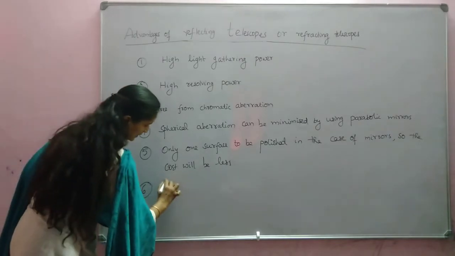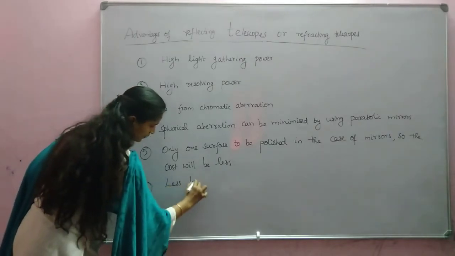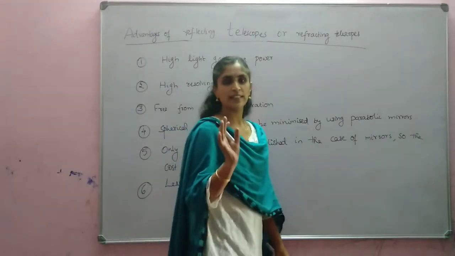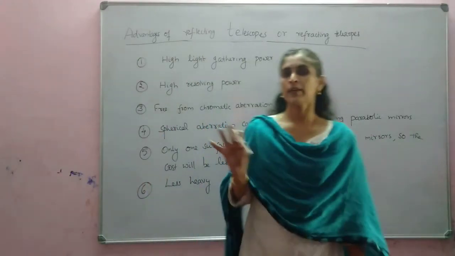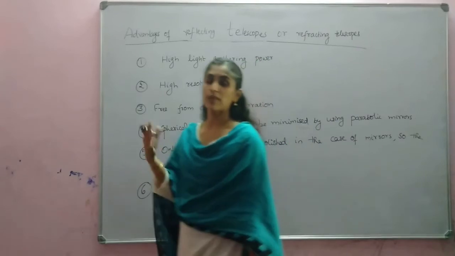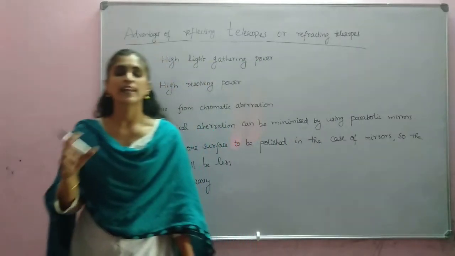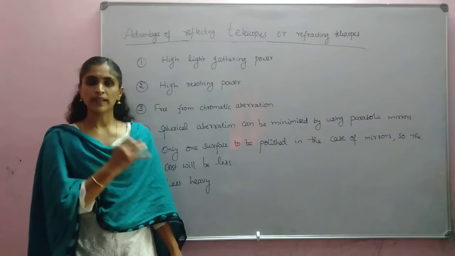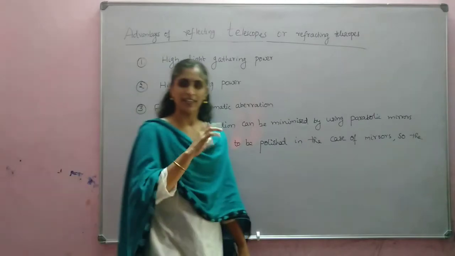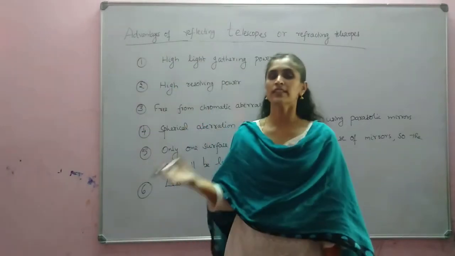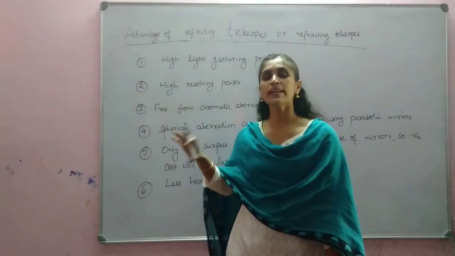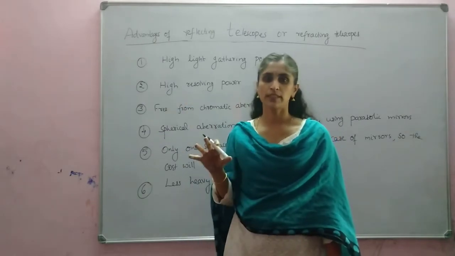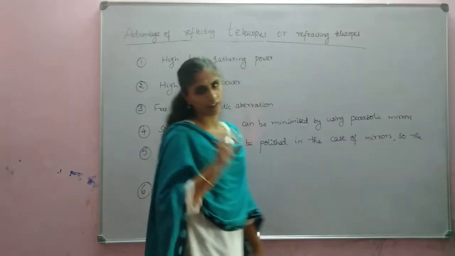And it will be less heavy. For the same aperture and the same optical effect, if a mirror and a lens are there, the lens will be heavier than the mirror. So a reflecting telescope will be less heavy in comparison with a refracting telescope. So it will be easy to install or fix, because we have to fix it at the edges.